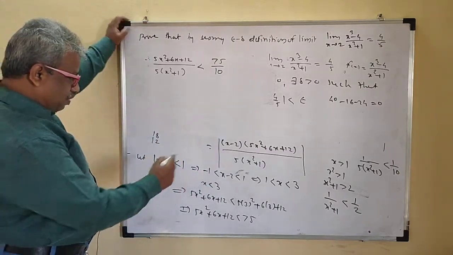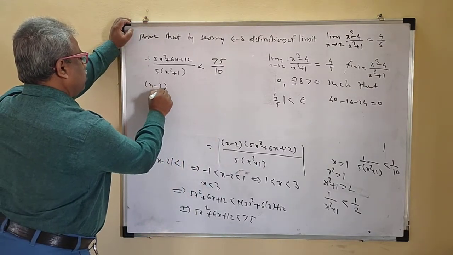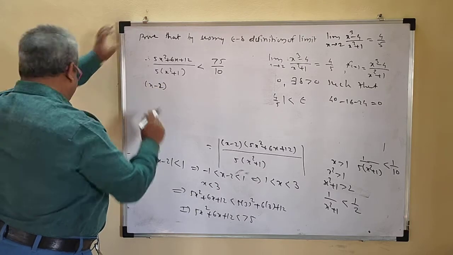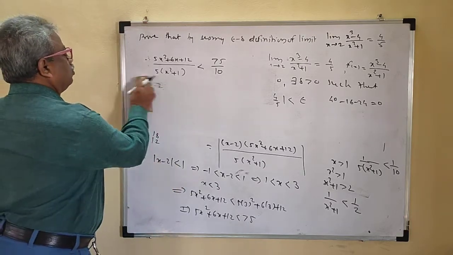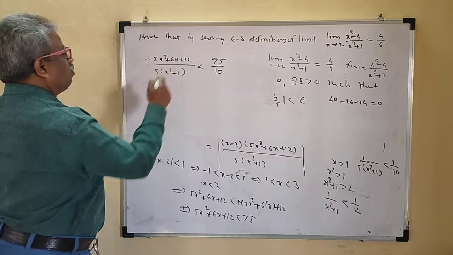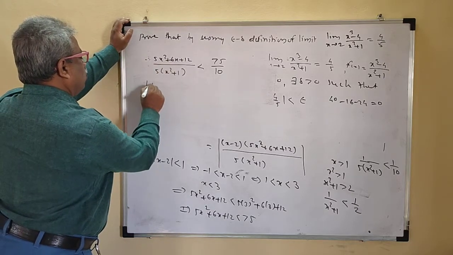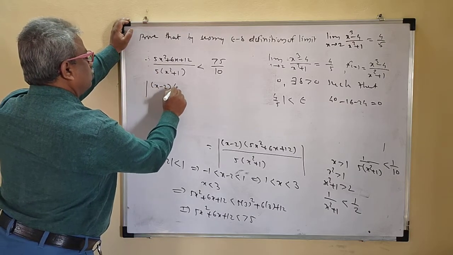Now we multiply by x minus 2, so we'll take the mod of x minus 2.